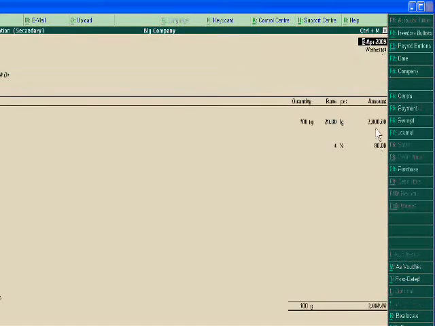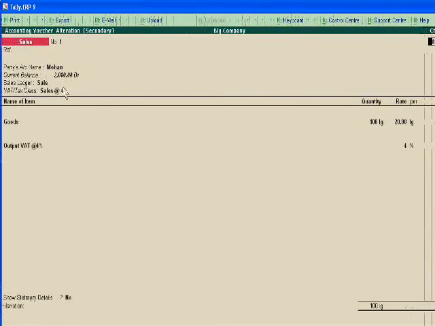The same goods we have sold for 2000, and 80 is output VAT which we have to collect from our debtor Mohan. So the manual entry is debtor Mohan account 2080 debit to sale account 2000, VAT output 80.